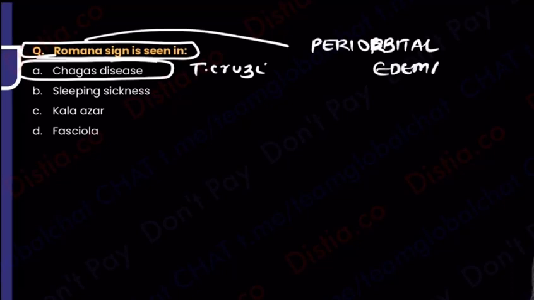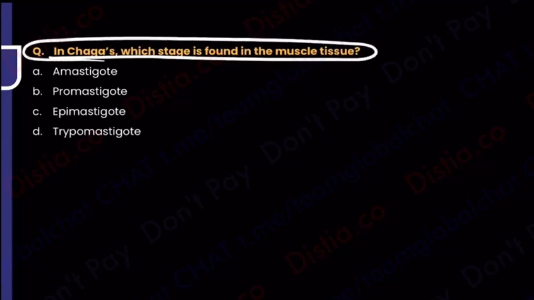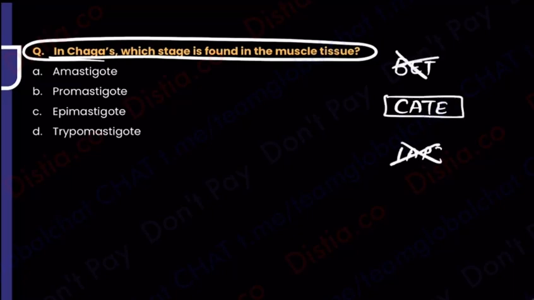One last question that we are going to take up is this. In Chagas disease, which stage is found in the muscle tissue? Again asking you, Chagas disease, now first you will put up, okay ma'am, in Chagas disease, I will remember my mnemonic. Bet the cat cannot sit on the lap. So we basically have to focus on cruzi.